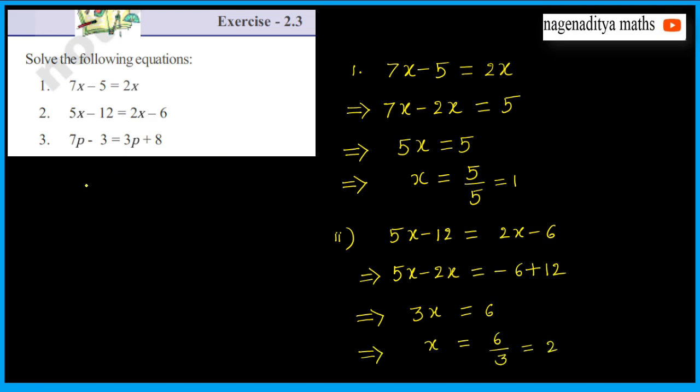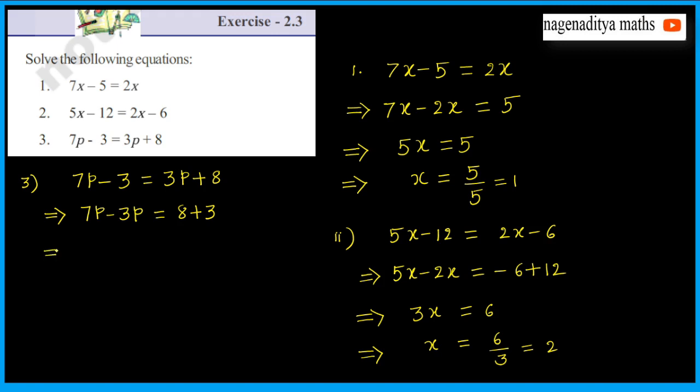Okay. Third problem. 7p minus 3 is equal to 3p plus 8. Write the p terms in one side. This implies 7p minus 3p is equal to 8 plus 3.